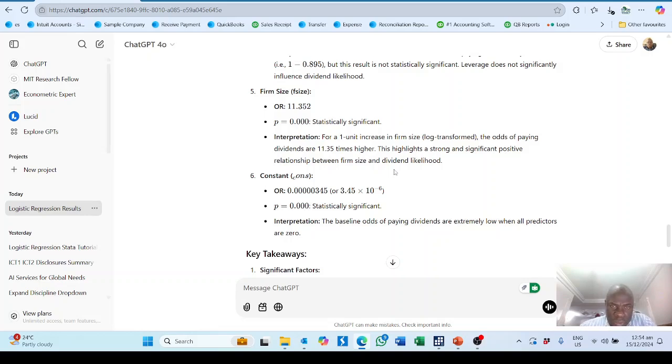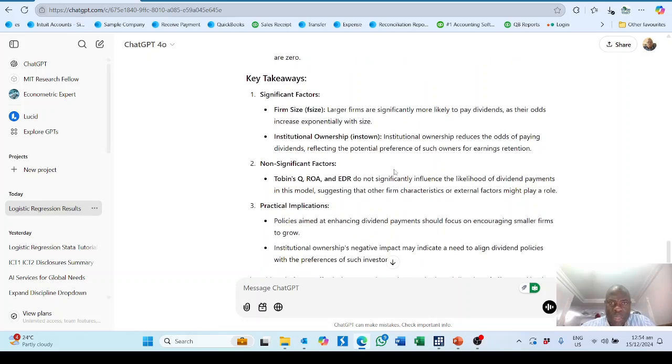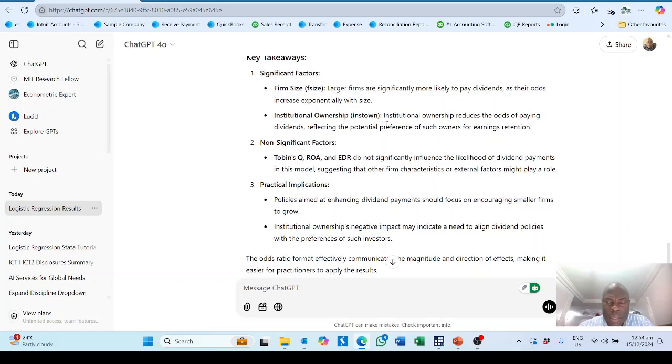So the constant is there, and the interpretation without much ado. Key takeaway: firm size is positive and highly significant, as large firms are more likely to pay dividends as their odds increase exponentially with size. Institutional ownership is negative and significant.